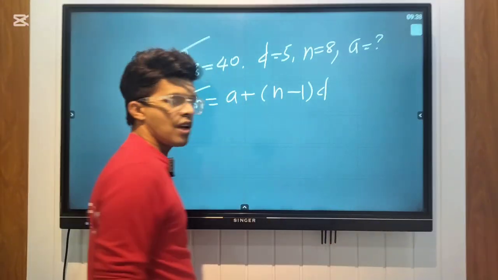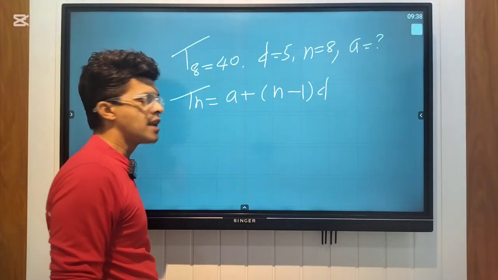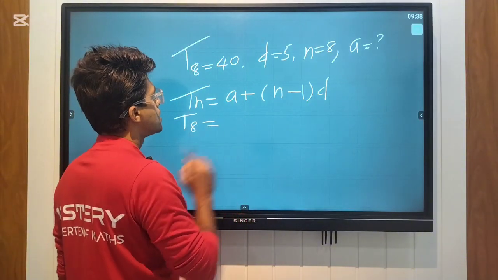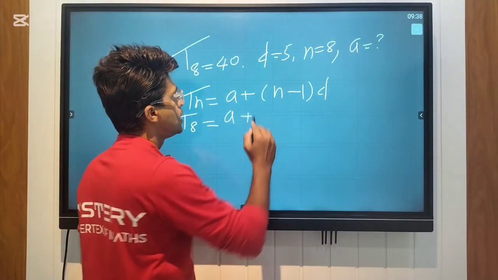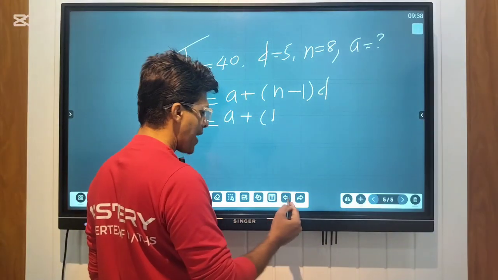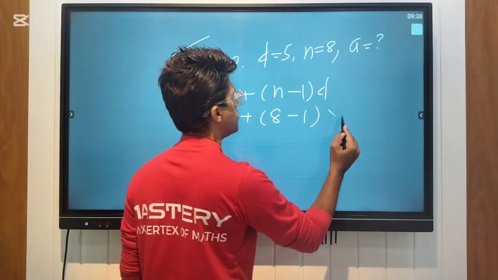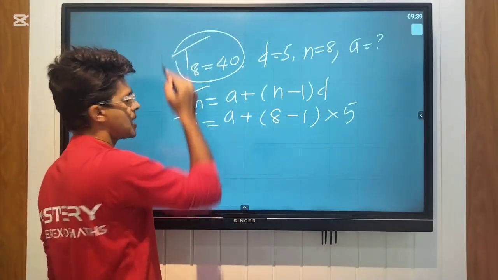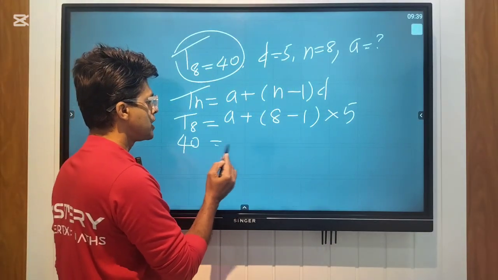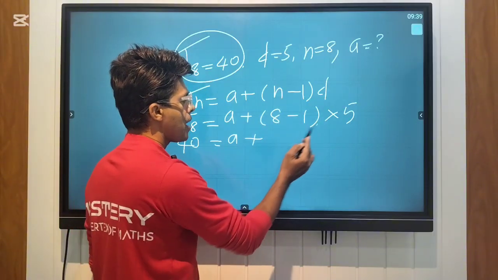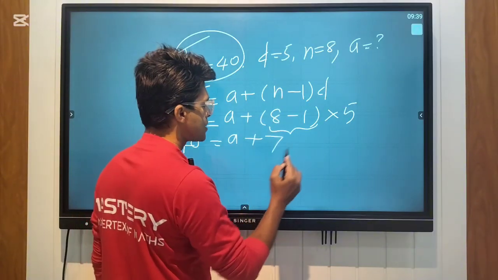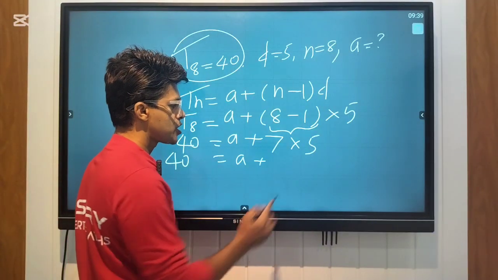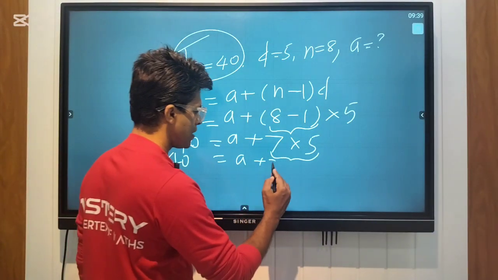Really, in order to get the value of these types of sums, you need to have gained the knowledge of equations. So n equals 8 here, T8. Then 8 minus 1 times d, where d equals 5. T8 has been given as 40, so 40 equals a plus, 8 minus 1 is 7, 7 times 5 is 35.